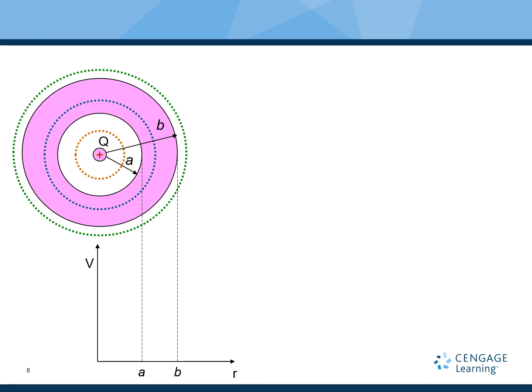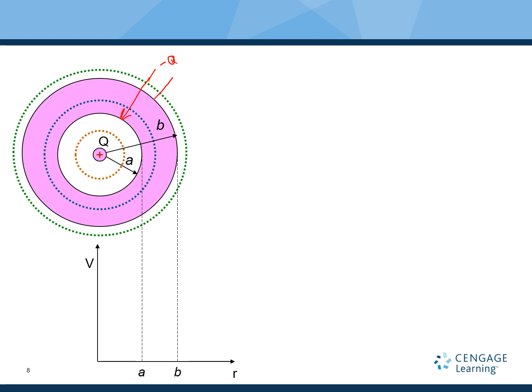Now let's take these ideas over to this next plot out here and draw the potential as a function of radius for all radii. So notice that on the inner boundary of the shell, we have a charge of minus q.